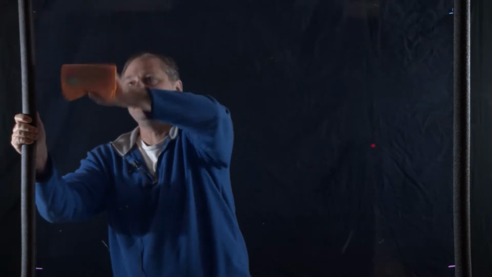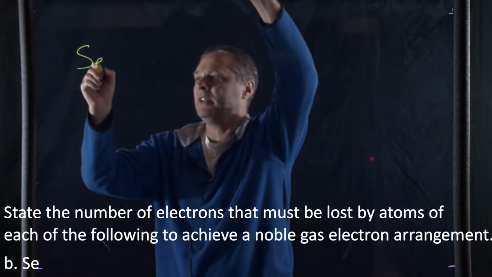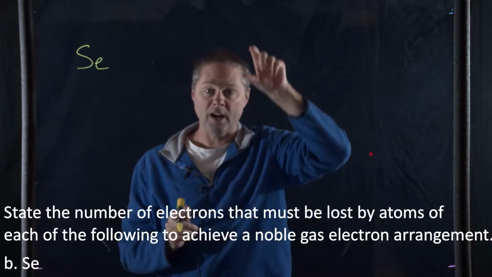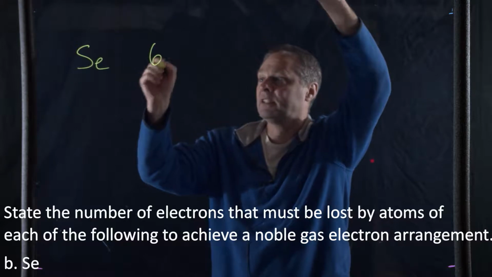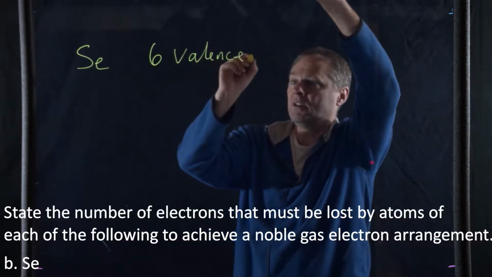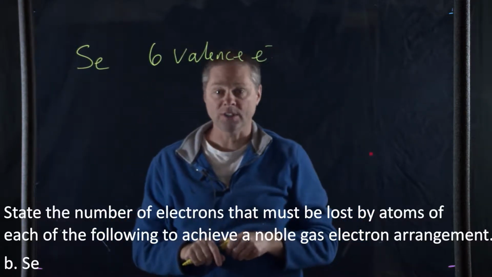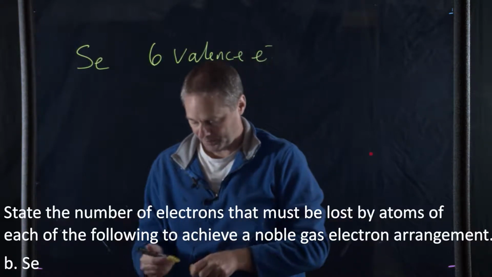All right, so the very next one is going to be selenium. So selenium is in the 6th column. That's going to have oxygen on top, and selenium will be below oxygen, and thus it has 6 valence electrons, and thus it's going to have to lose all 6 of those valence electrons in order to have a noble gas arrangement.